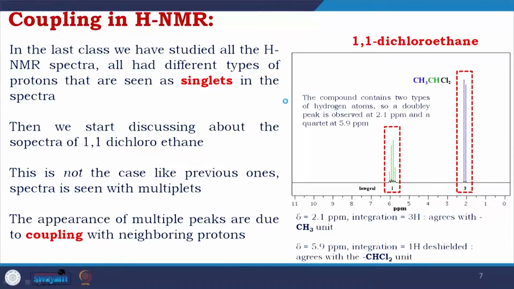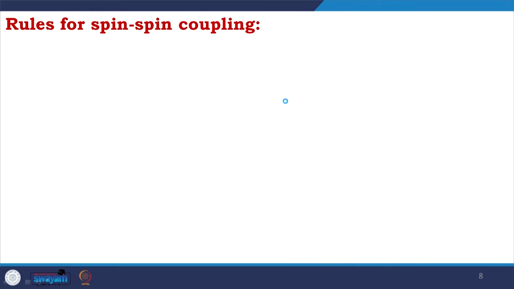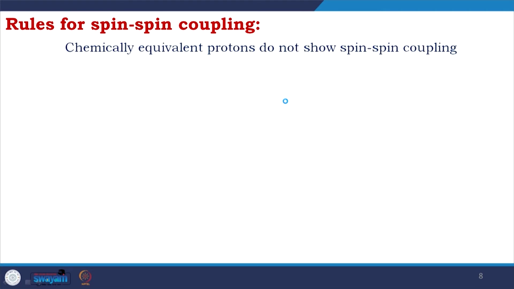Now, this one at 5.9, because of the presence of 2 chlorines, is affected by them and has 4 peaks. We will discuss why, but this would have 1:3:3:1. So, we will come to explain that. So, what are the rules for spin-spin coupling?